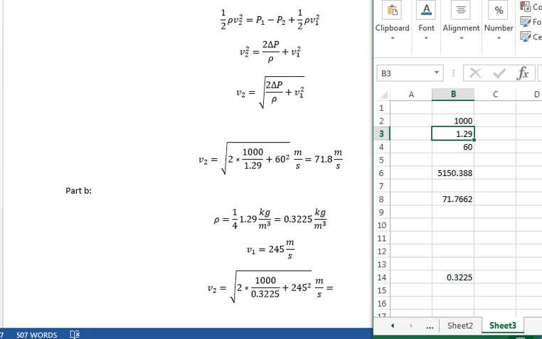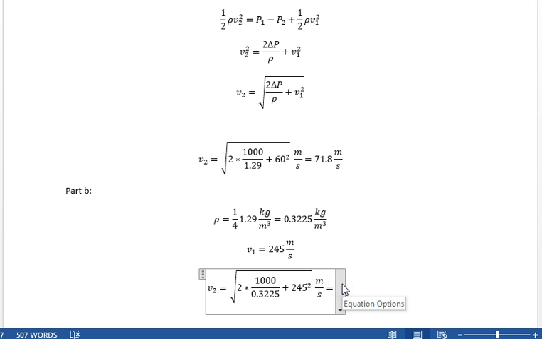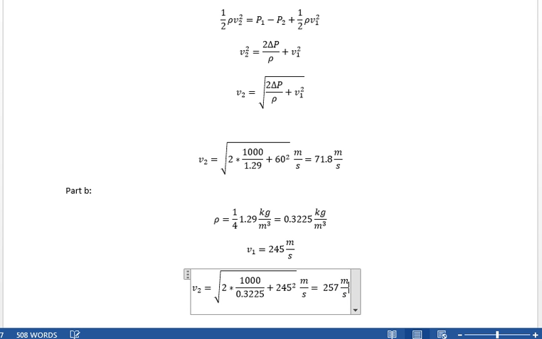I'm going to put in 0.3225 and 245 for that velocity, and that's going to give us a velocity of 257 meters per second across the top of the wing in order to provide the lift we want at 245 meters per second across the bottom wing. And that's it for problem 4.